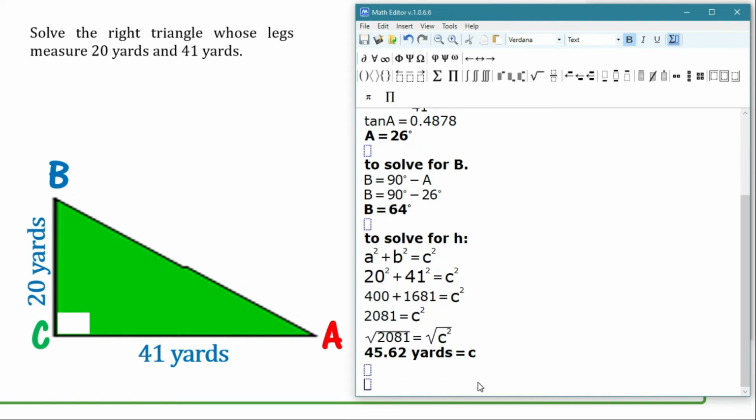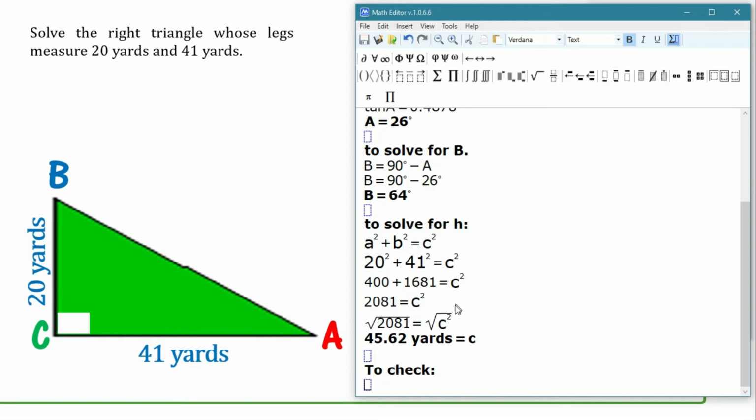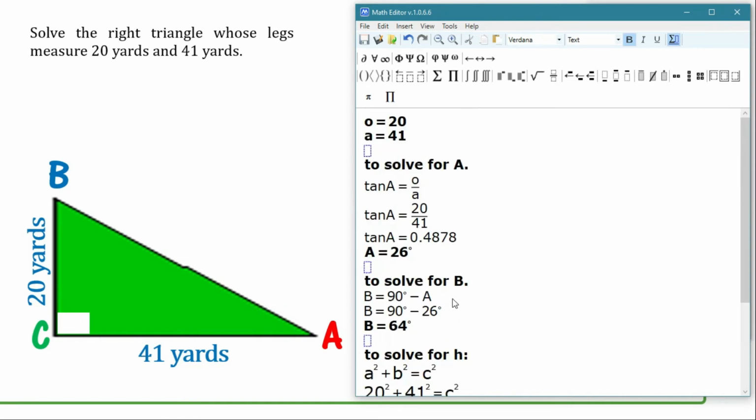Okay, so i-check naman natin kung tama yung mga values na meron tayo. Okay? Since we are given angle A, that is 26 degrees, so i-check natin whether the adjacent side or the opposite side to angle A is indeed 20 yards. So by using the measure of angle A, which is 26 degrees, and the measure of the adjacent side, which is 41. So ano yon?